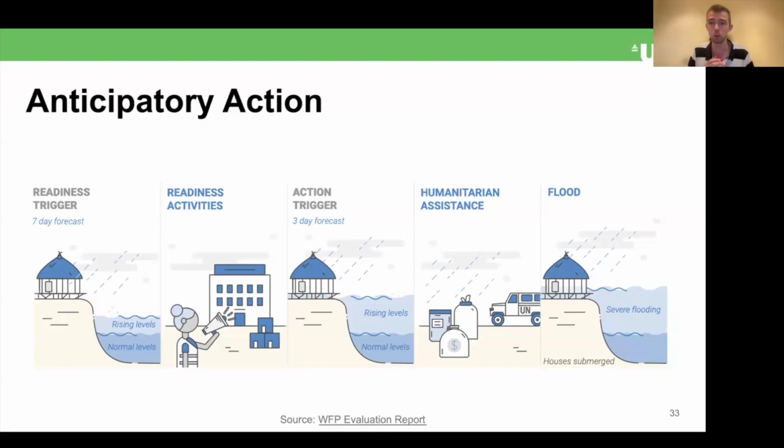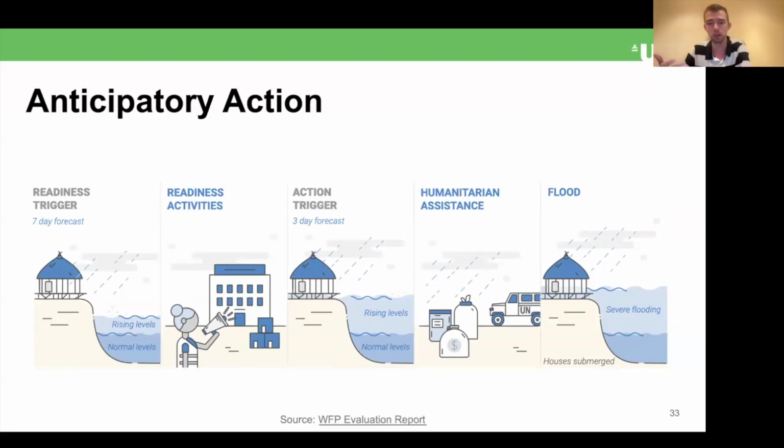Okay, so instead of waiting for people to be in hunger and not be able to provide for their households, we can anticipate that and, for example, provide cash transfers or food packages or something already earlier in the onset of the disaster. Okay, now back to the example that's here on the slide. So once the readiness trigger is hit, it's at a certain level of water upstream. There are readiness activities.